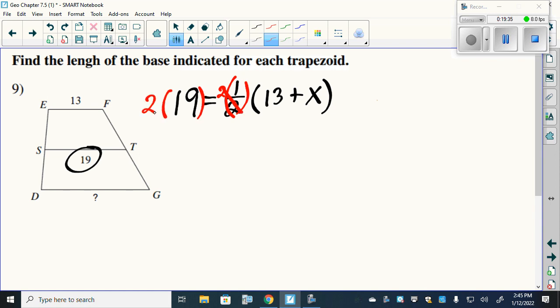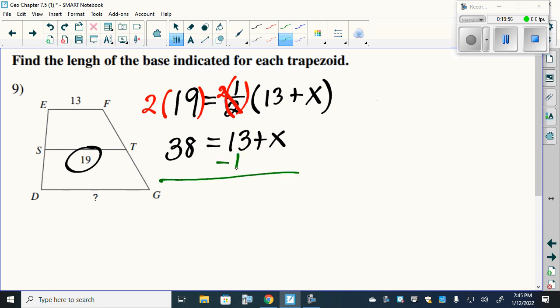So if I multiply both sides by 2, the 2 times 1/2 would simplify, leaving us with 13 plus x. On the other side, we have 2 times 19, which is 38.